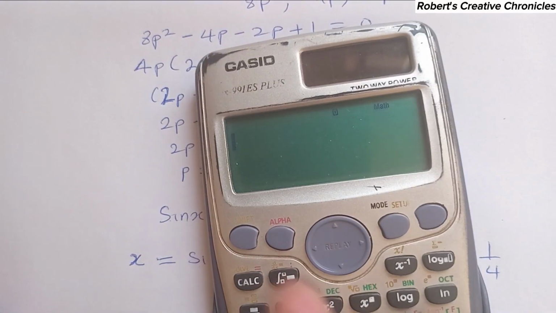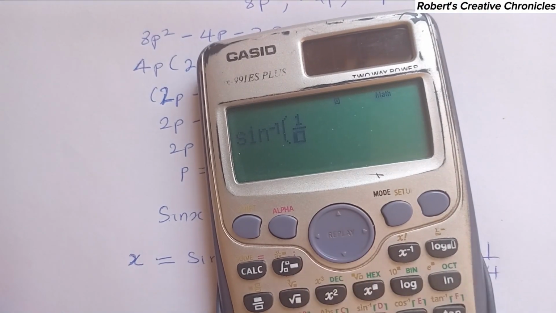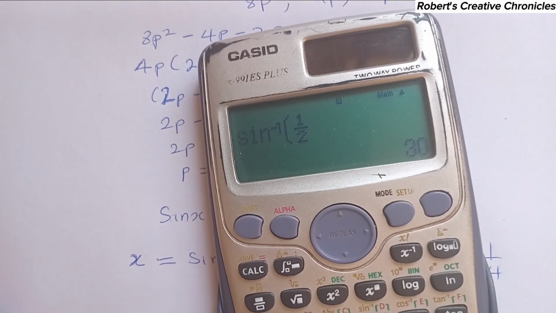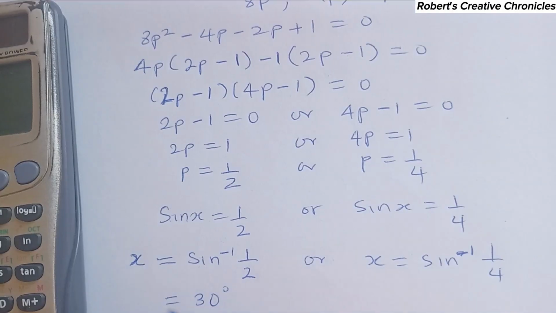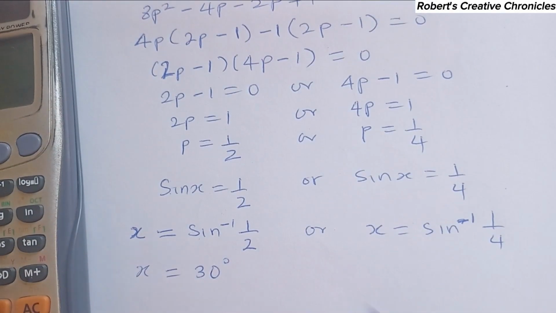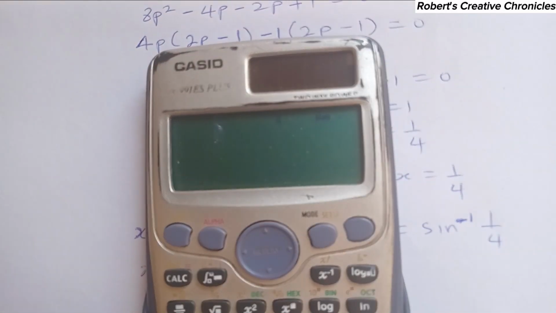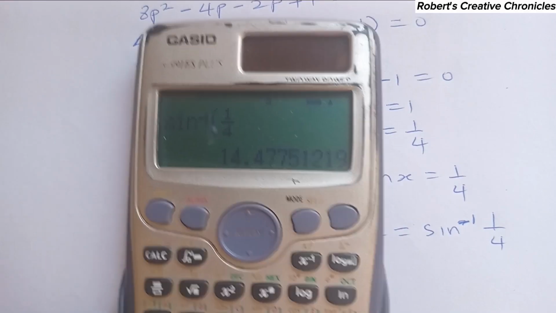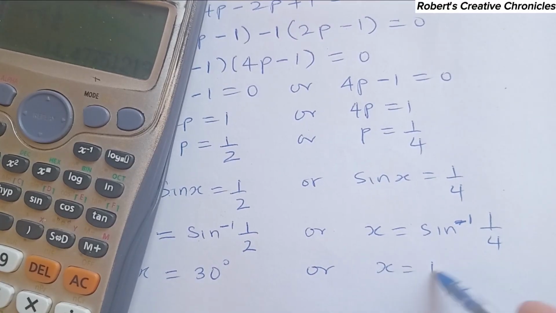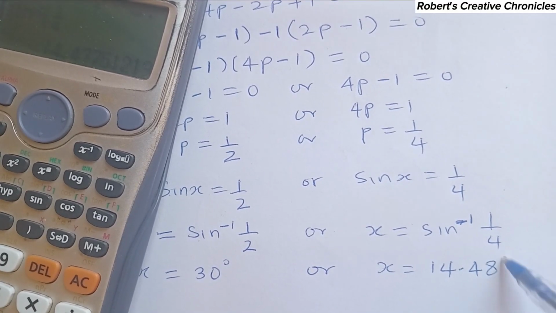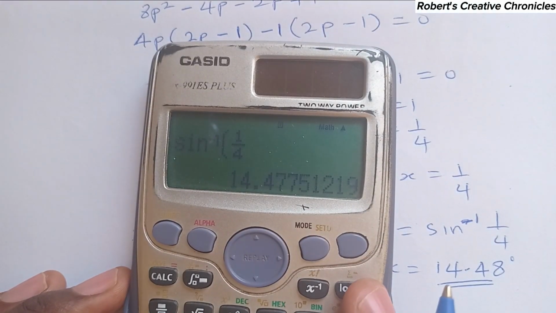Sine inverse of 1 over 2 is 30 degrees. And this one, 1 over 4, is what? 14.48 degrees. So these are the values of x.